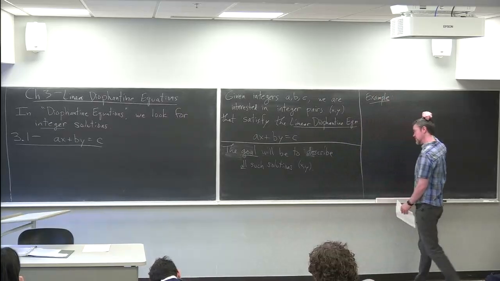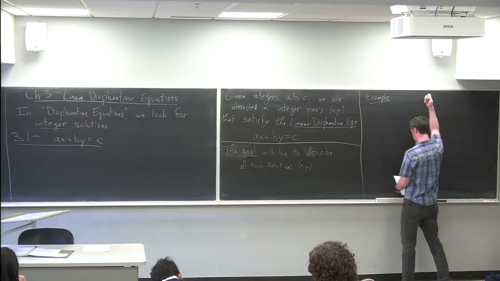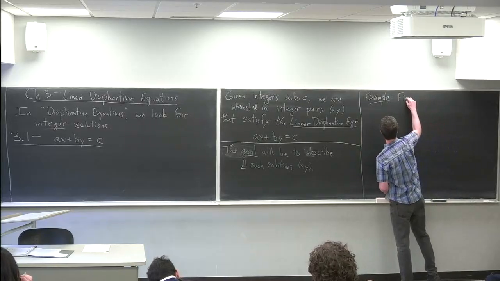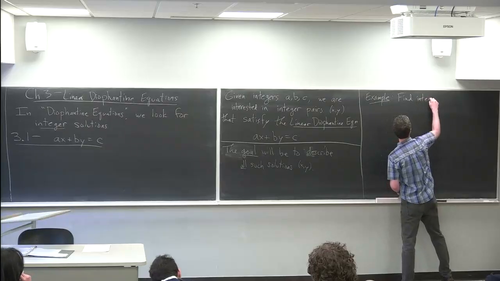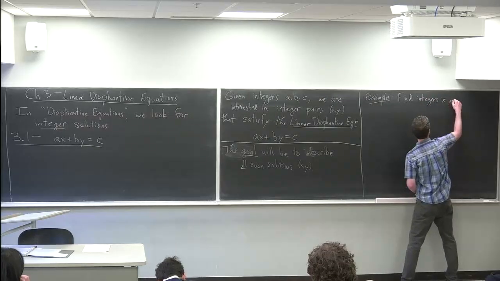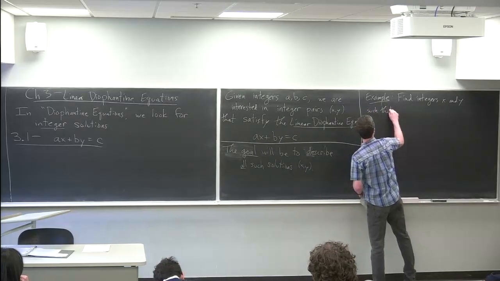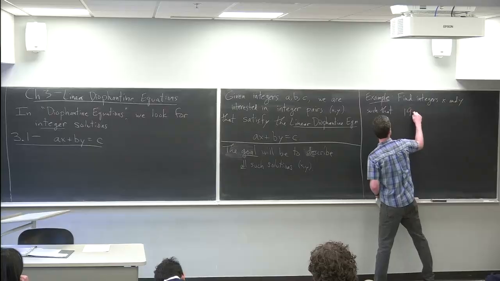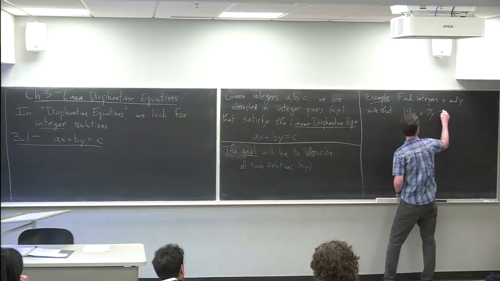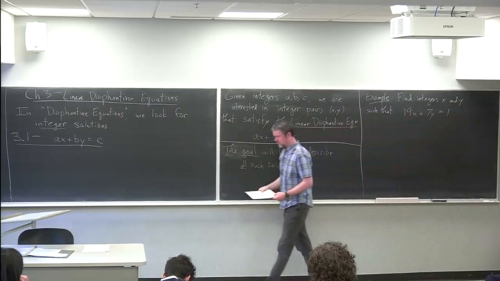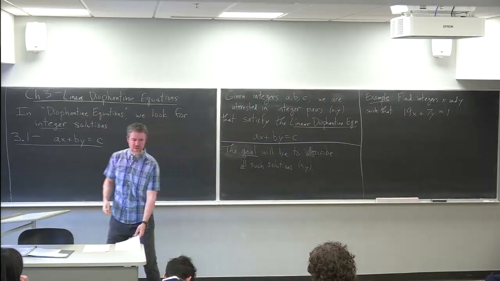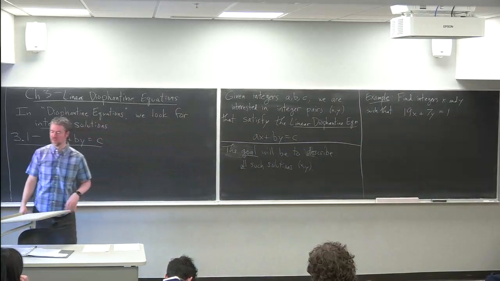So here is an example to consider. Suppose we wanted to find integers x and y which satisfy this thing. Let's back off the word all here. Let's not worry about the whole family of possibilities.